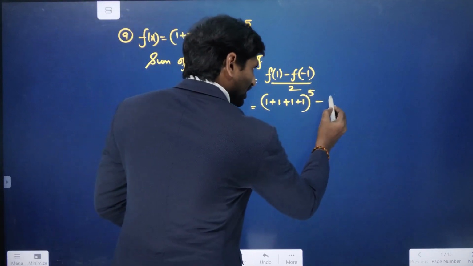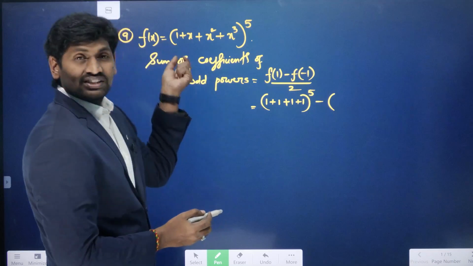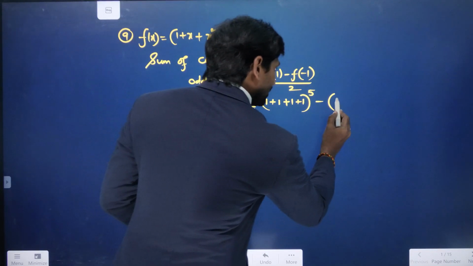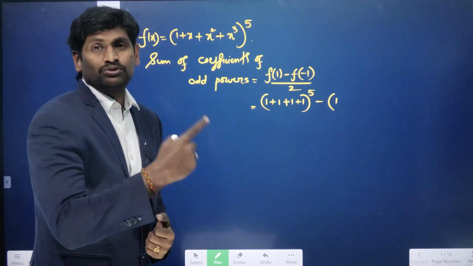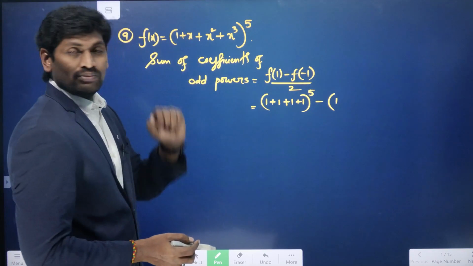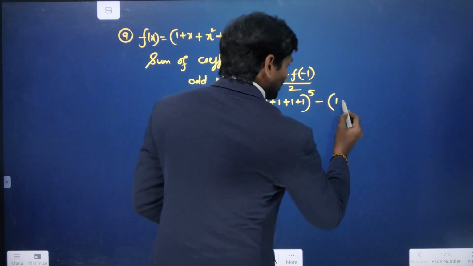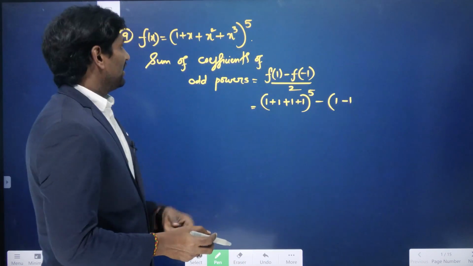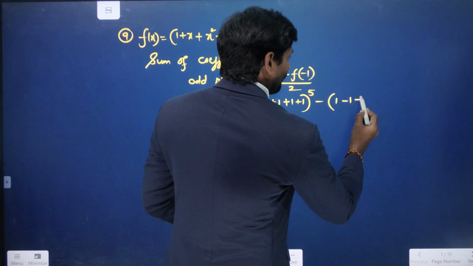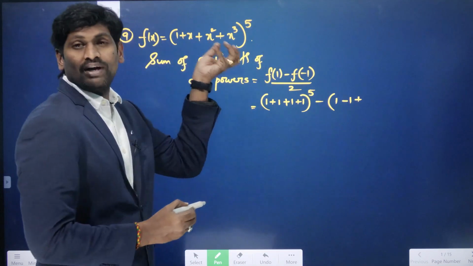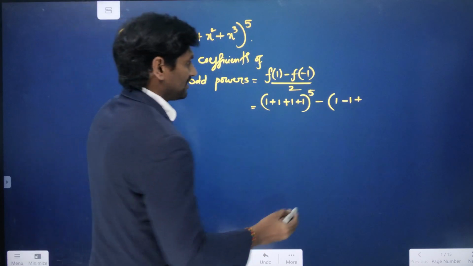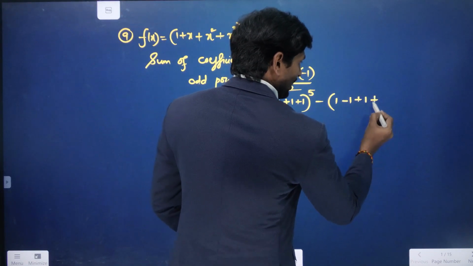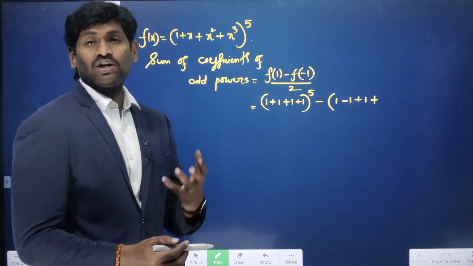Now I am substituting f(-1). 1 is a constant term, as it is we can substitute, and plus in the place of x we substitute minus 1. Again plus (-1) whole square, which will be plus 1, and last x cube, (-1) whole cube.